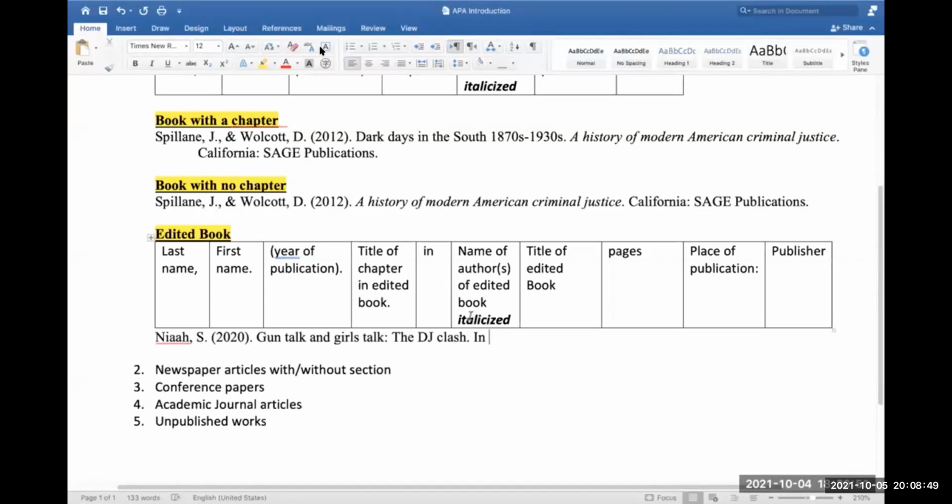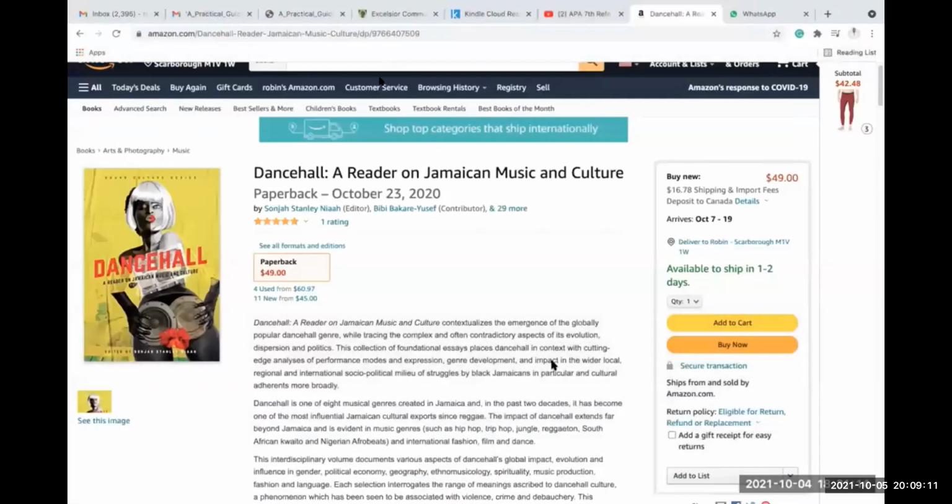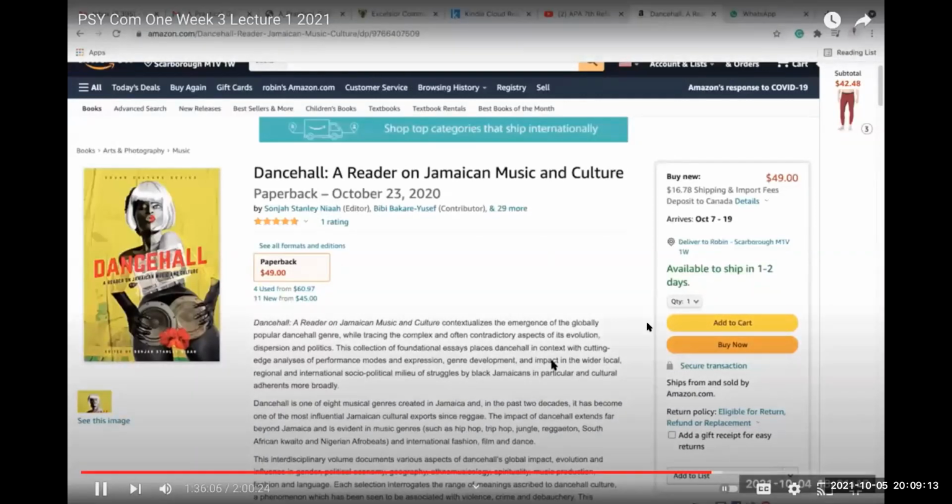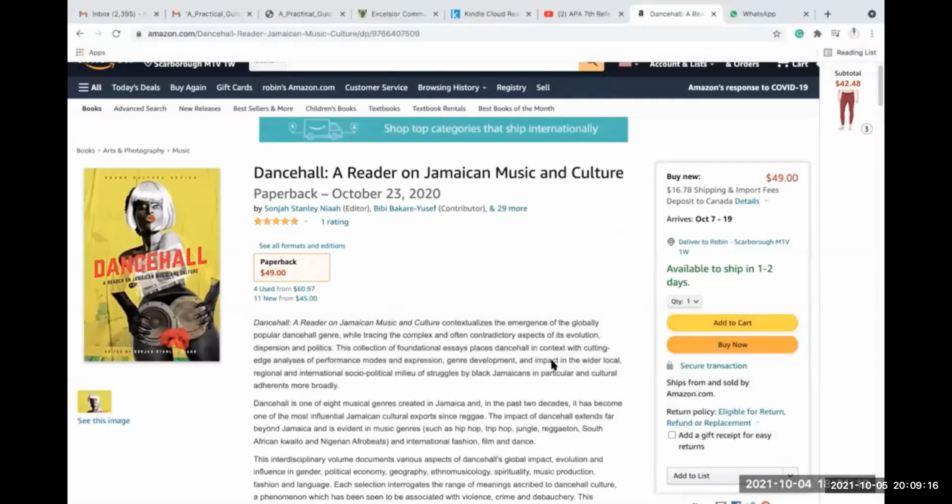You're doing something similar to the book. It's just that this one is an edited book. Do you want me to reshare the source? Yes, sir. I told everybody to write it down. Here it is. Okay, sir, I saw it. Thank you.